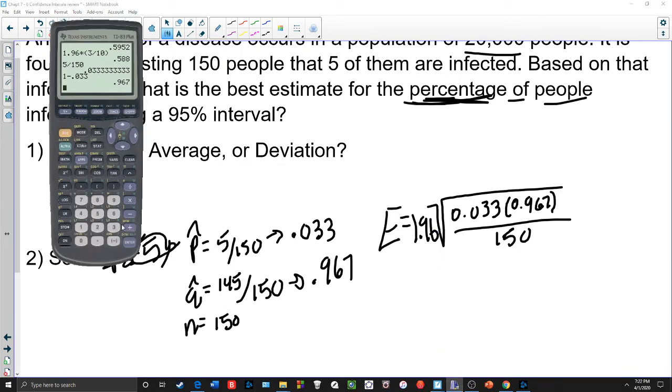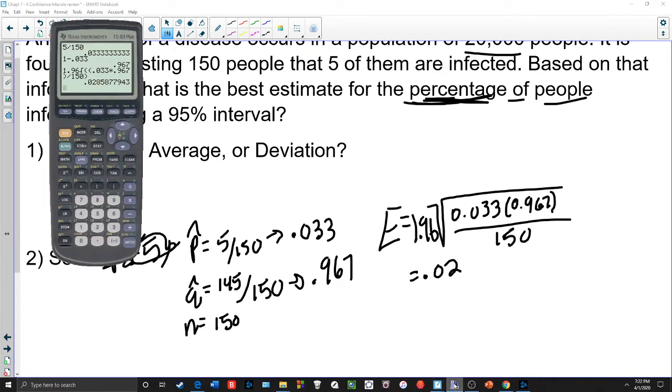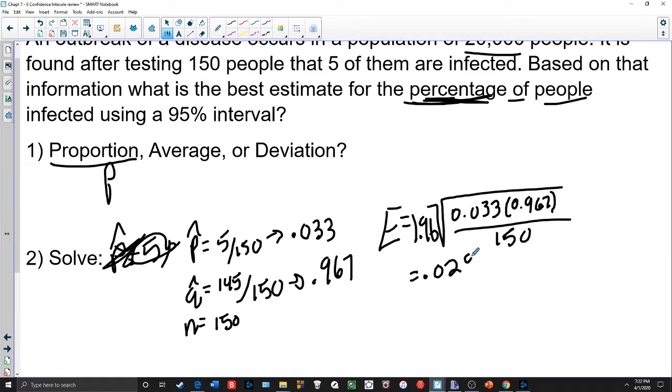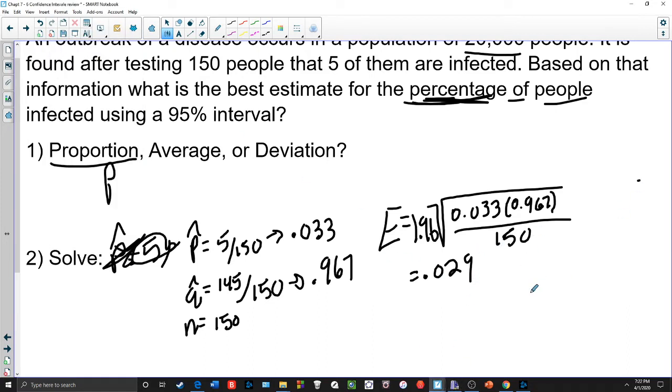So let's type this in: 1.96 times the square root of 0.033 times 0.967 over 150. And we get 0.028. We'll round that 8 up to a 9 because after the 8 is a 5. So 0.029.